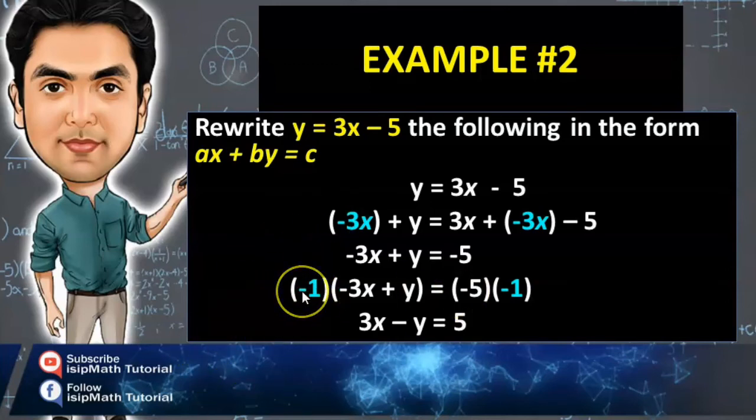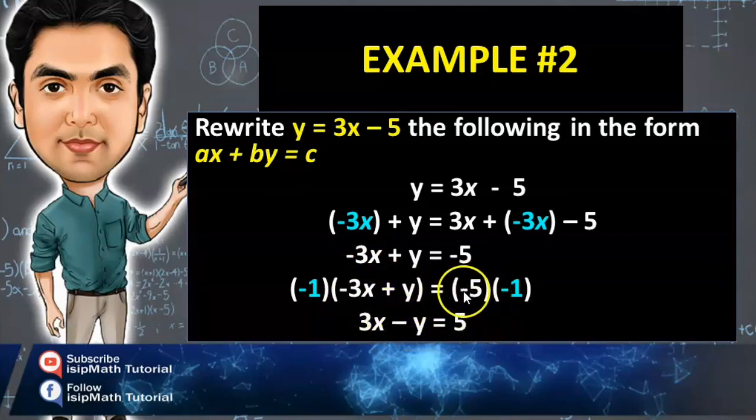So magiging ganito. Sa left side, magiging negative 1 times the quantity negative 3x plus y. Diba? Then sa right side naman, negative 5 times negative 1. Okay? So ang result is positive 3x, si negative 3x magiging positive 3x, tapos si positive y magiging negative y sa left side.